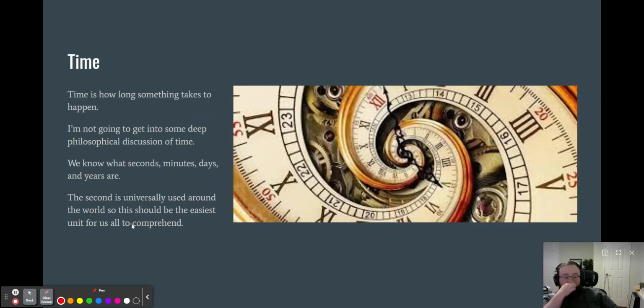Okay, time. So time is how long something takes to happen. There's a lot of philosophical discussions you could have of time. You could talk a lot about space-time and Einstein and all of that stuff. We're going to keep time very simple here, right? How long something takes to happen. We know seconds, we know minutes, days, and years, and those are actually the SI units.